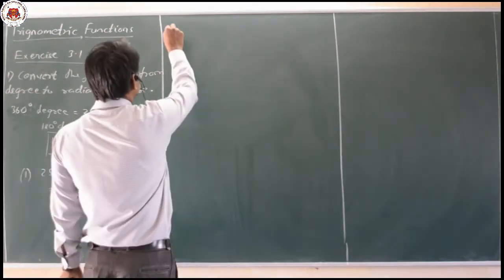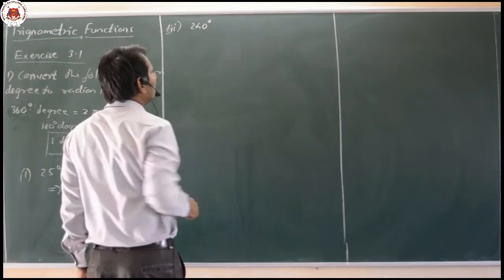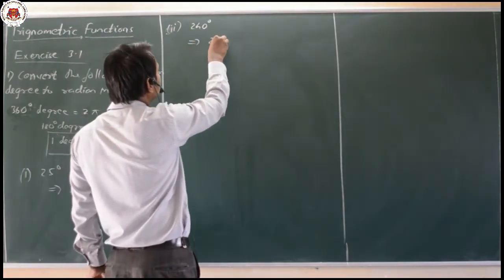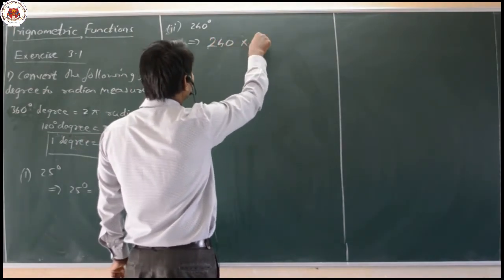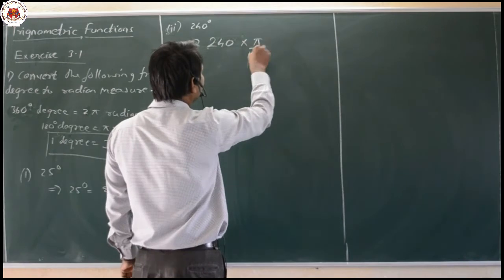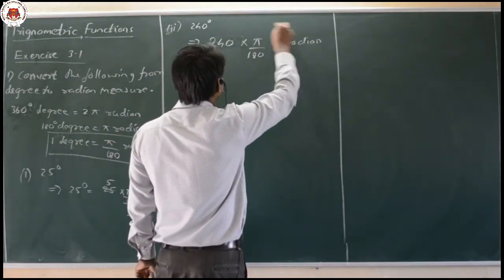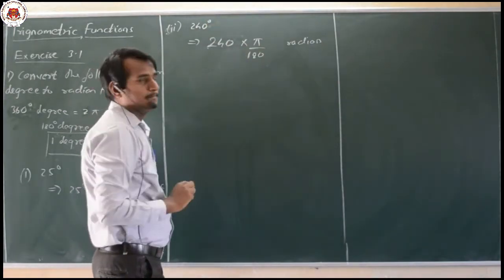Next, the second one is 240 degrees. Again the same: 240 into pi divided by 180 radian. Degree has been converted to radian by multiplying by pi by 180.